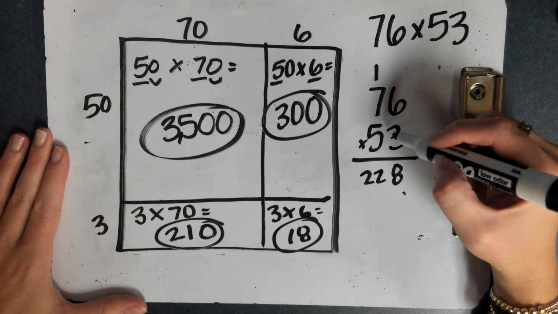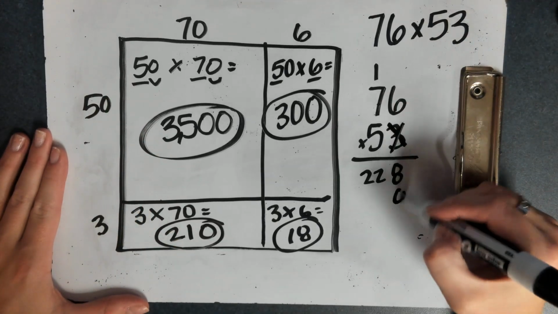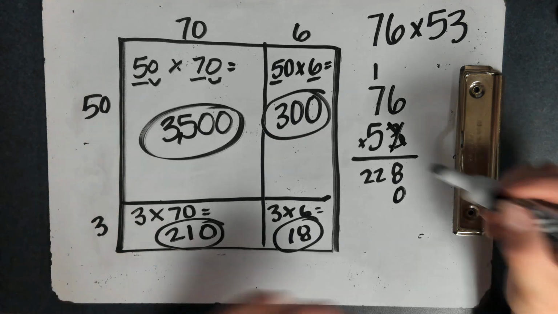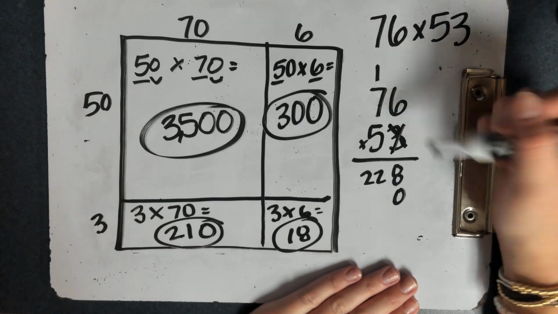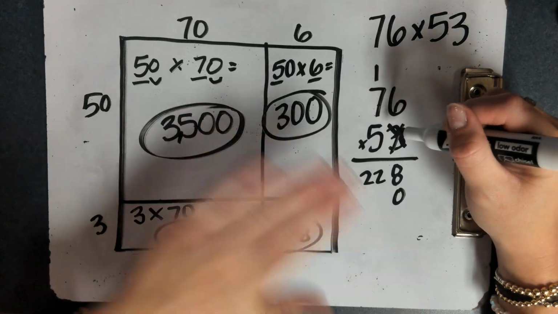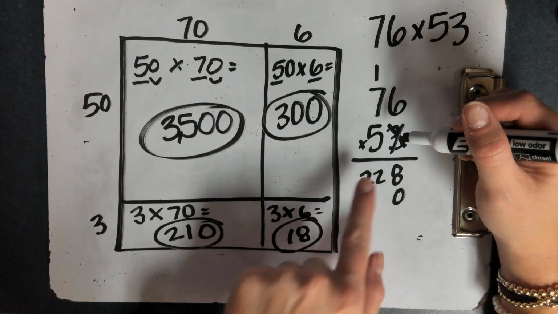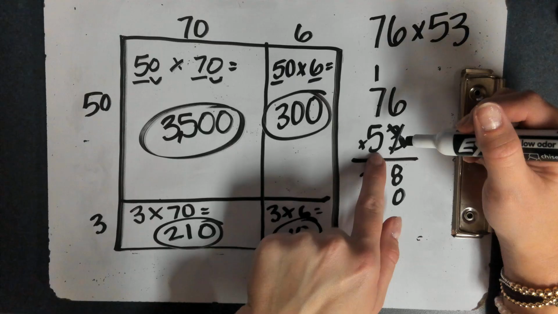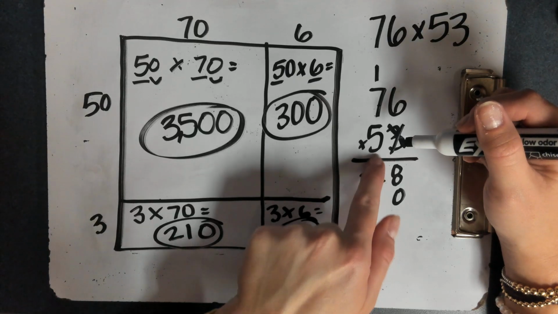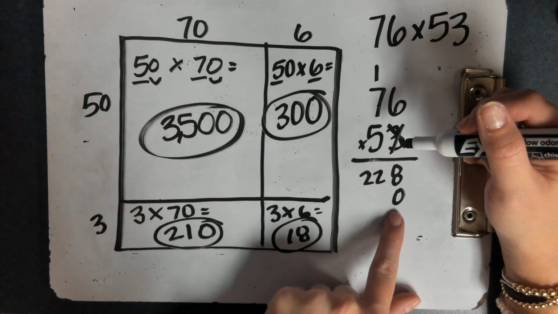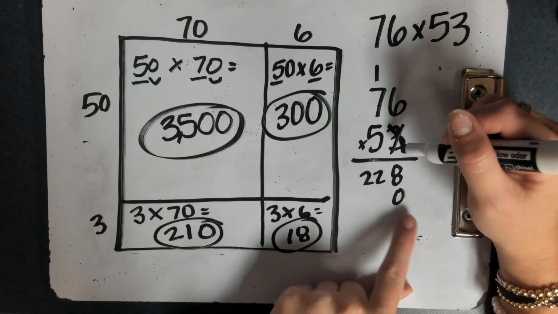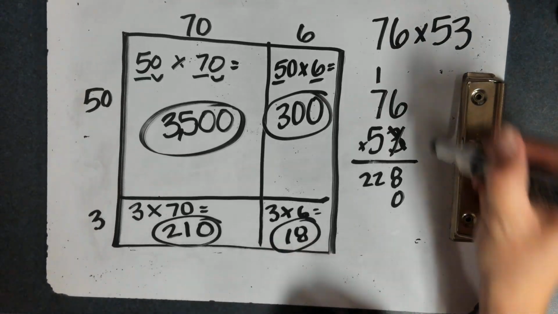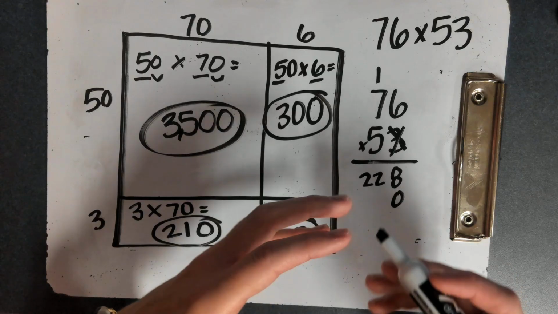I learned that as X's and O's. At the time, I had no idea why I was doing that. We cross out that digit in the ones place because we are done with the ones. I'm now multiplying by this 5 that is in the tens place. Nothing times 50 is going to equal something in the ones place, which is why we put that X and drop our O.